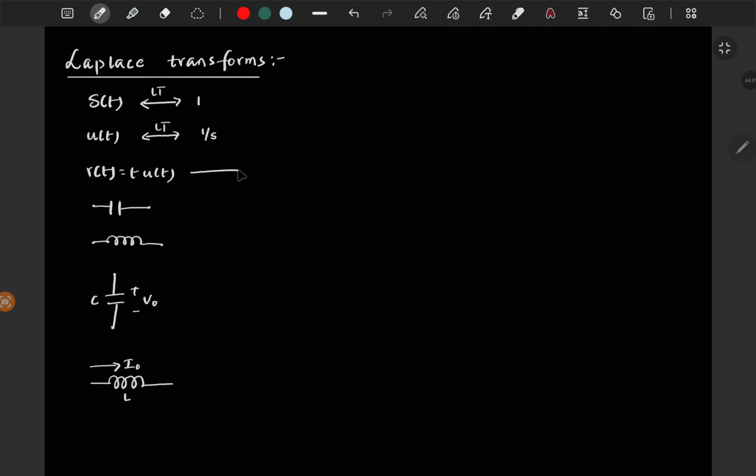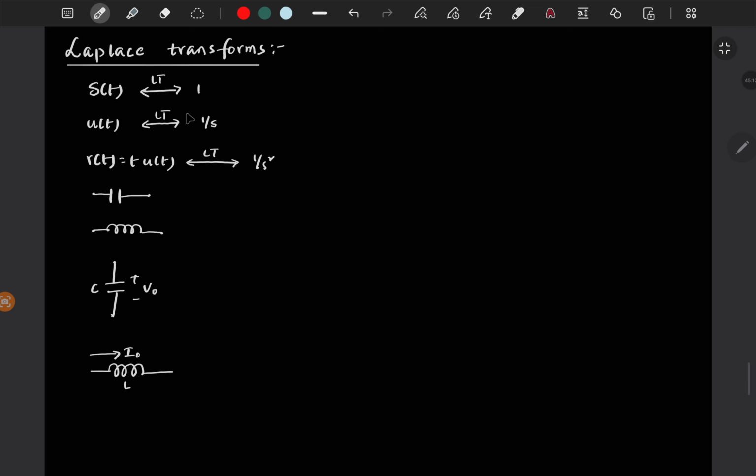And a ramp is nothing but linear; we have seen that if we pump constant current through a capacitor, you will get a ramp function. For the ramp function, the Laplace transform is 1 by s square. We may use these Laplace transforms in our upcoming problems, so I am discussing them briefly.